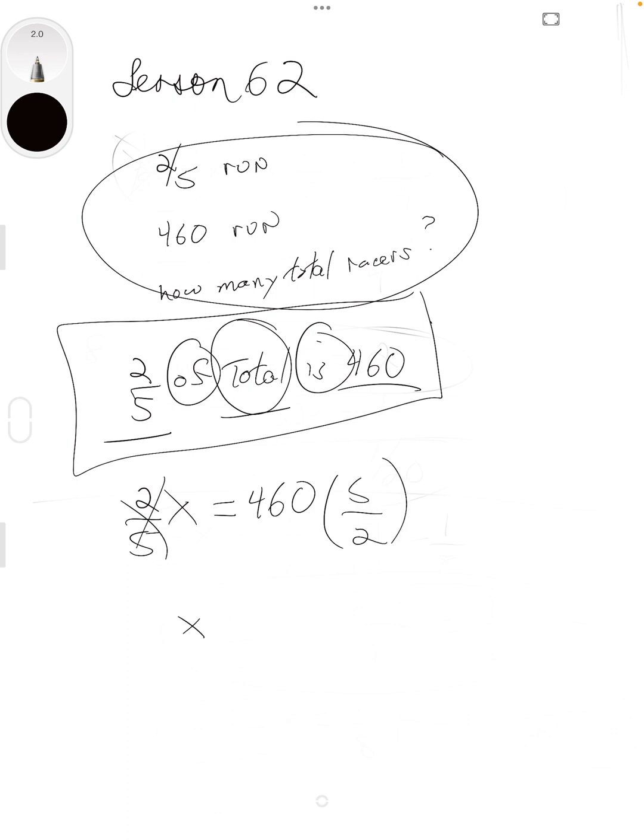Those go away, and that equals 230 times 5, which is 1,150 total racers. So you can do that with your calculator if you like. But I'm taking my information and it goes into the form of this is this.